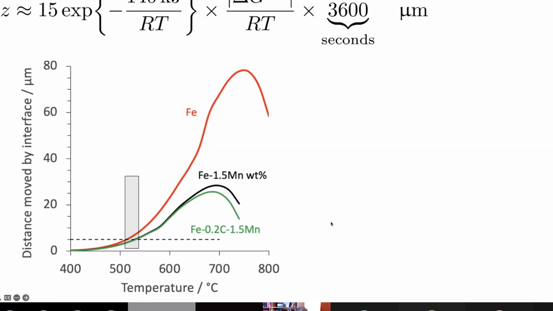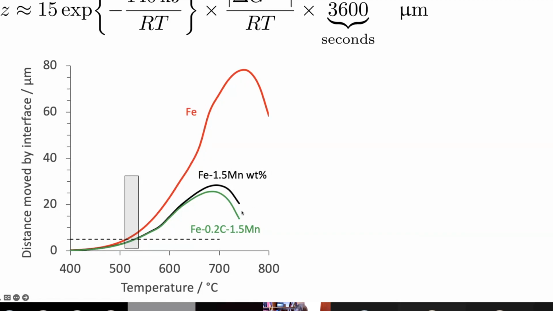Now, what I want you to notice is that suppose I choose that my transformation product is 5 micrometers in size. Okay, so this dashed line represents 5 micrometers. Then below this temperature range here, which is approximately 530 to 515, displacive transformations will happen because you cannot get diffusion over the length scale of the transformation product.